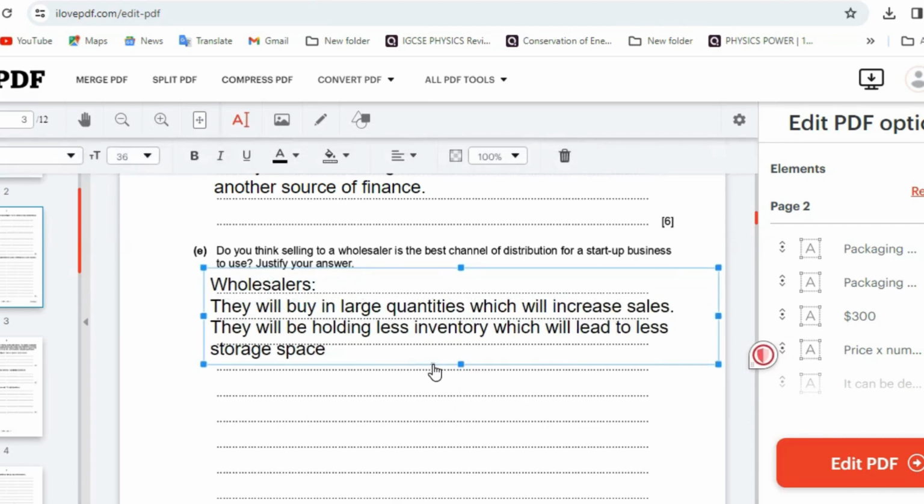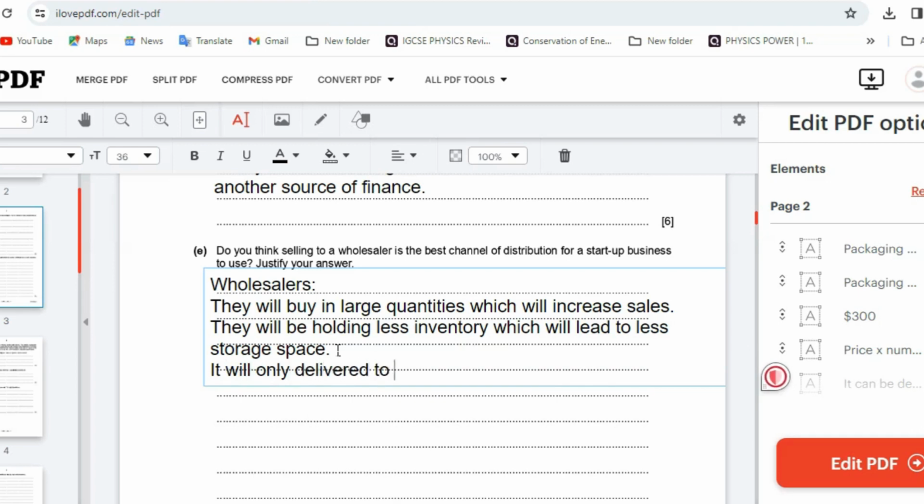Yes, that's another point. Of course, another point is also to deliver to one location. When the business is selling to a wholesaler, it will only deliver to one location.